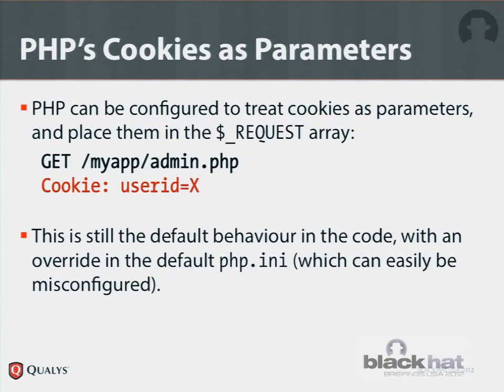Although this is not supposed to be enabled by default anymore, it actually happens in real life. I happen to have an installation of PHP on my laptop which was missing the PHP configuration file, and as a result I was able to inject any sort of attack payload by using cookies.